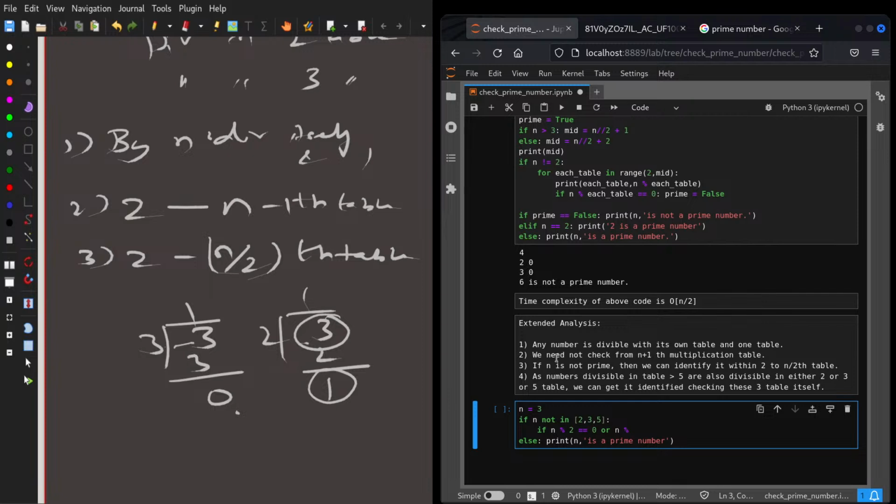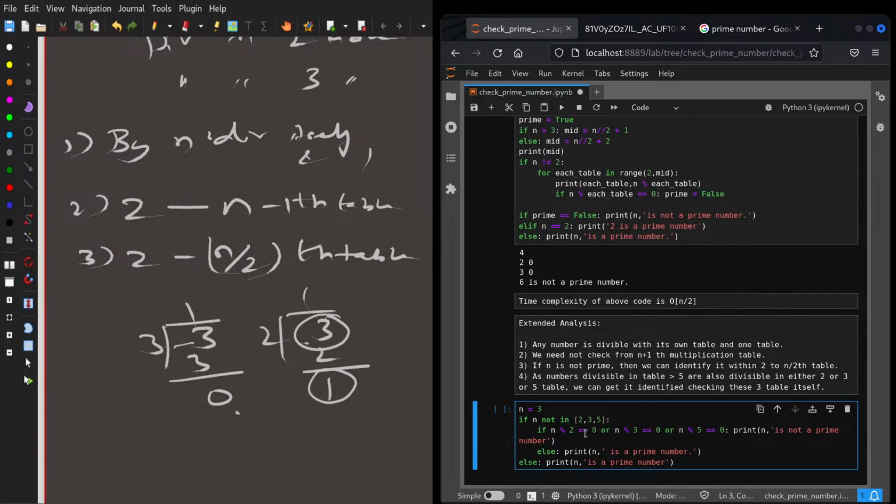That is our analysis. Else, n is a prime number.